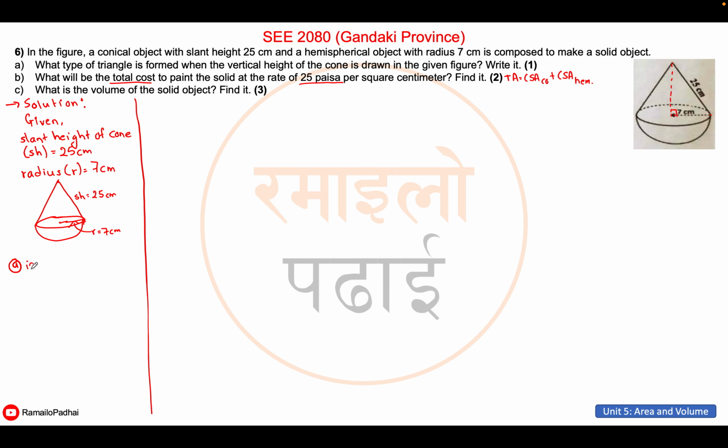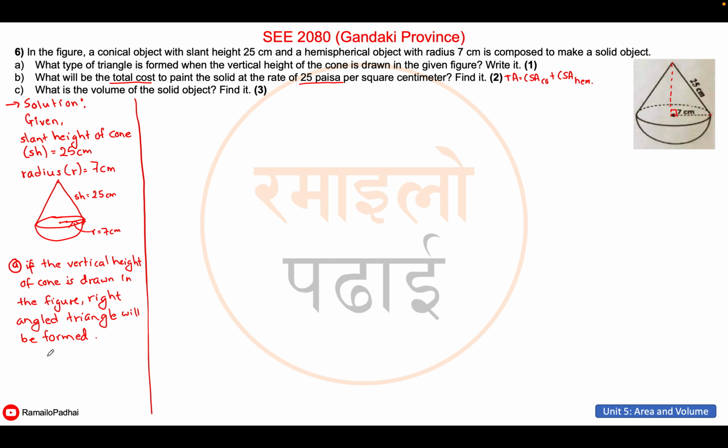If the vertical height of cone is drawn in the figure, right angled triangle will be formed.